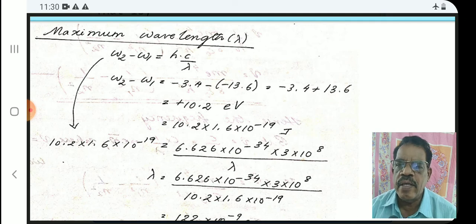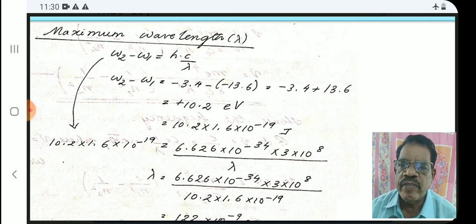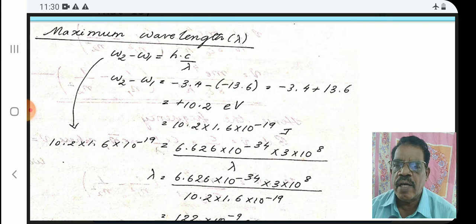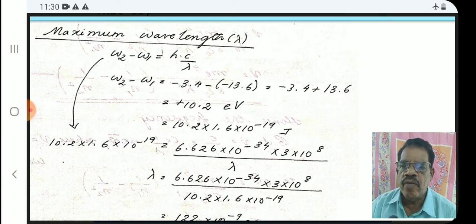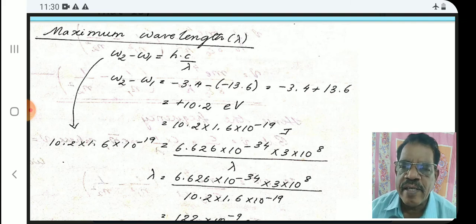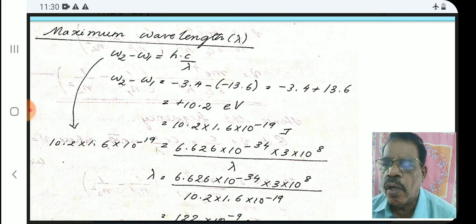W2 minus W1 is the case where the excitation energy is the lowest, we are saying. -3.4 minus of -13.6 works out as plus 10.2 eV. That we convert into joule: 10.2 into 1.6 into 10 raised to -19 joule.